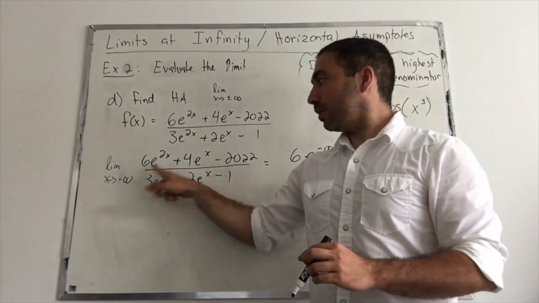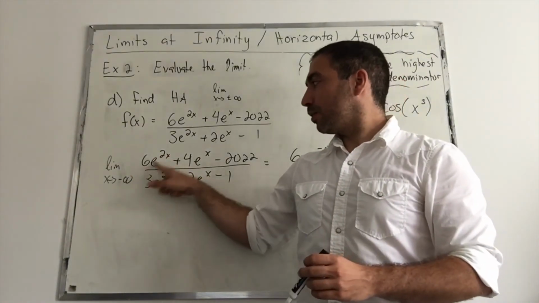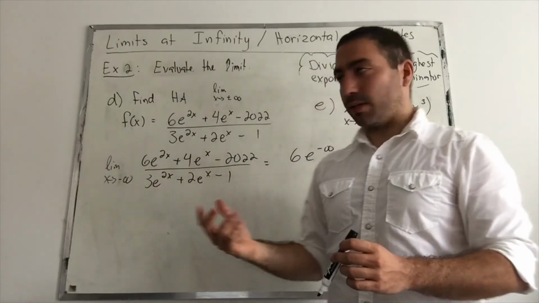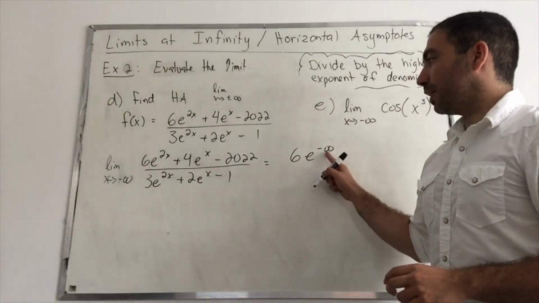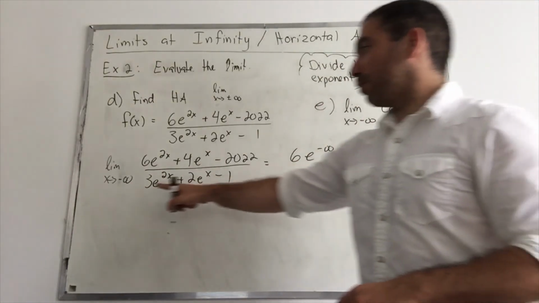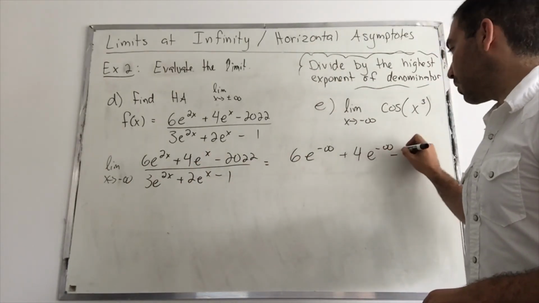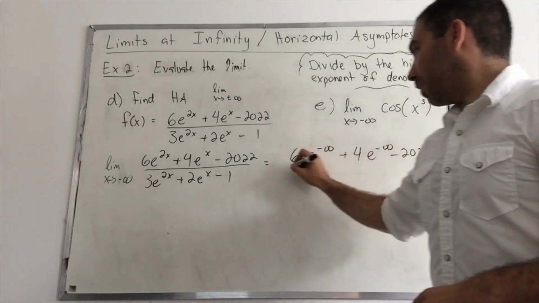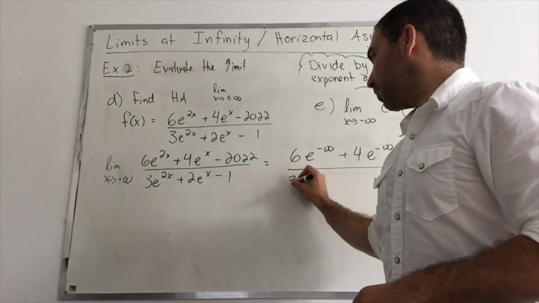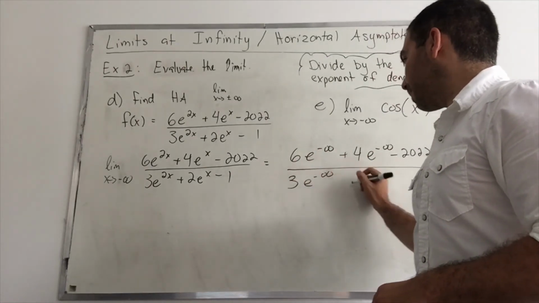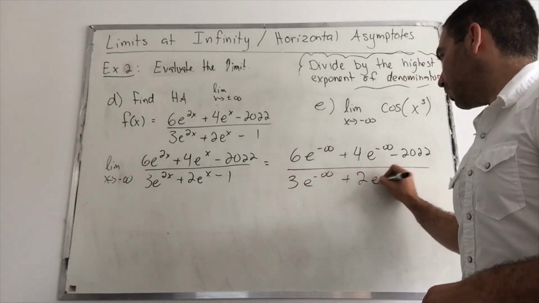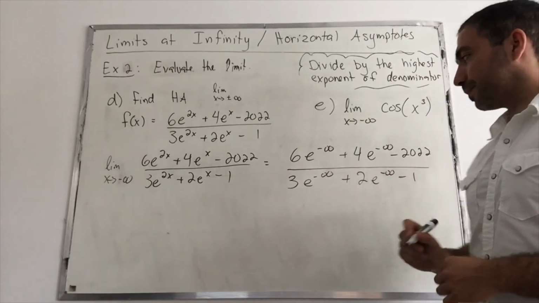If you substitute the x with negative infinity, 2 times negative infinity is still negative infinity. So we get e to the negative infinity plus, again substituting here with negative infinity, 4e to the negative infinity minus 2022. All this divided by e to the negative infinity plus 2e to the negative infinity minus 1.